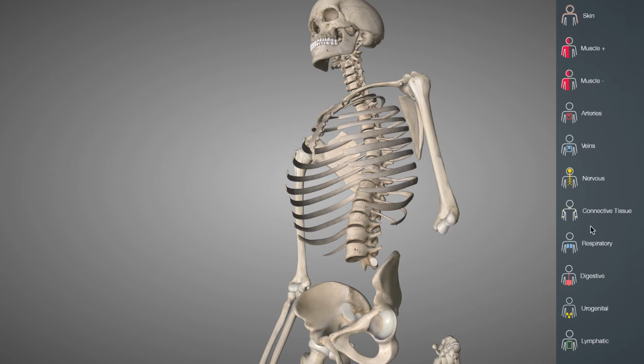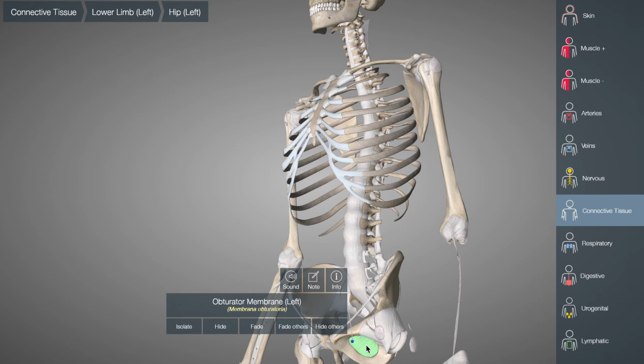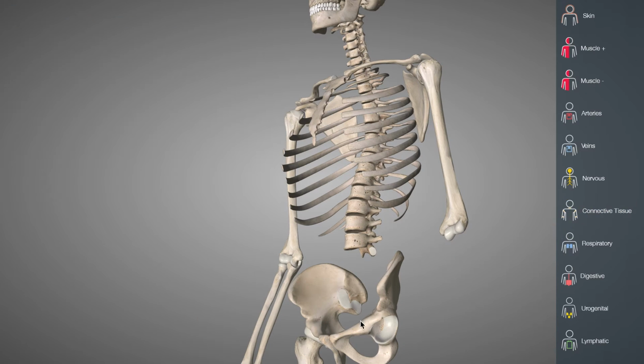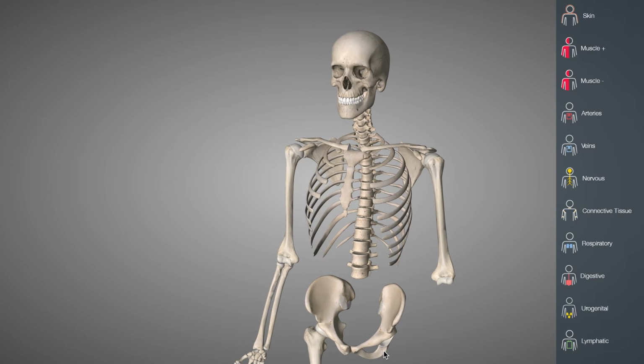And if I put some connective tissue on here, you actually have this that's called the, sorry, it's kind of hard to say for me, the obturator membrane. Okay, so we have that there, and that's going to be most of the major features.